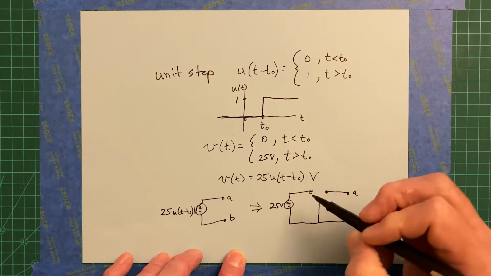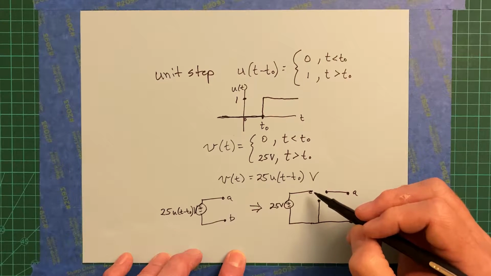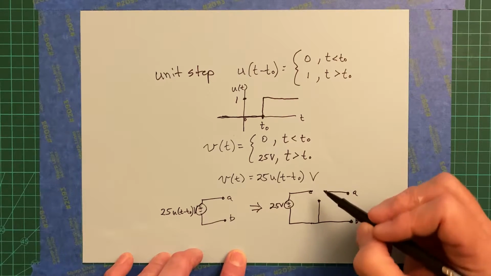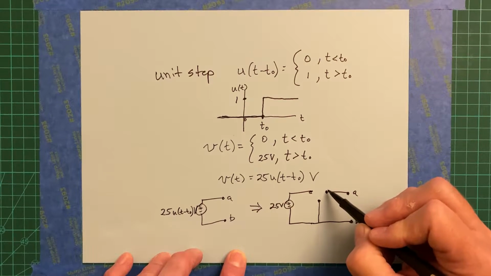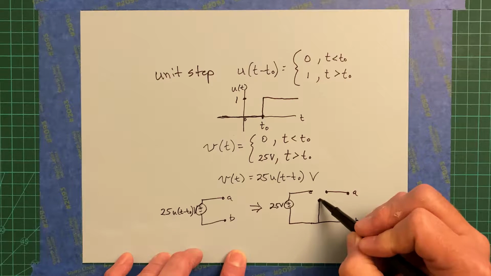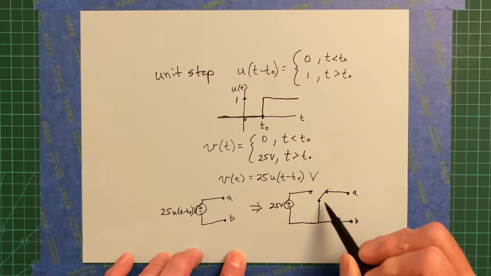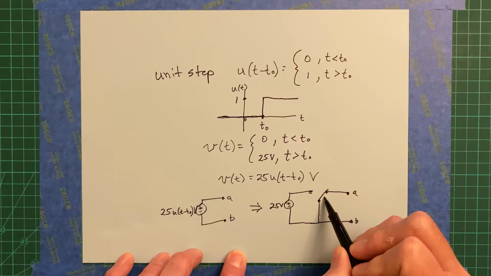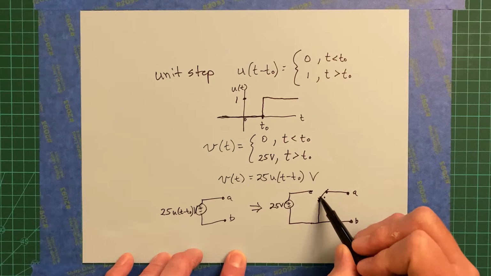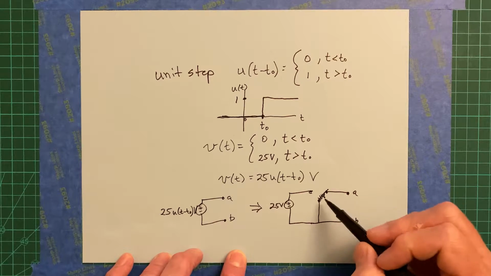Well, the switch is, let's say it's originally, I don't know, let's make the switch over here before t equals 0. And, oh, I put the switch on the wrong side. I can't do that. Can't go there.